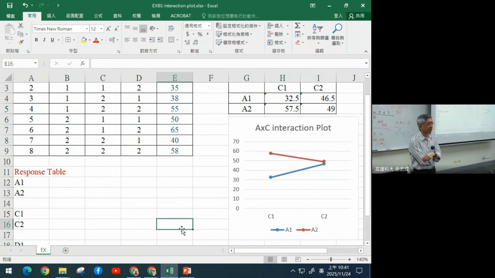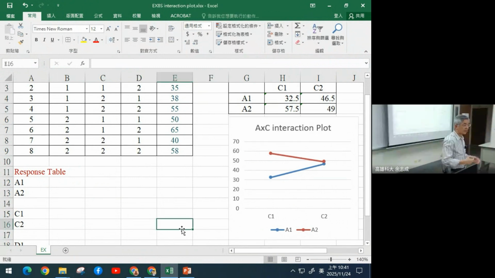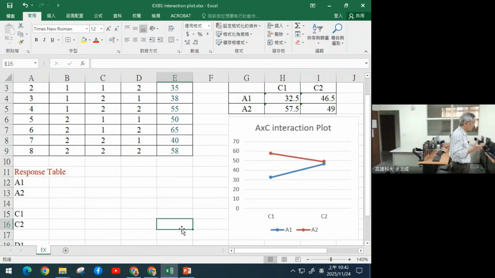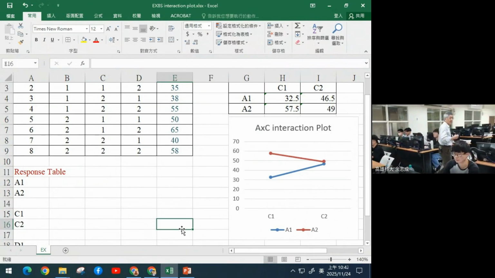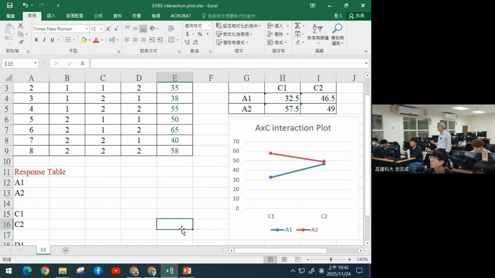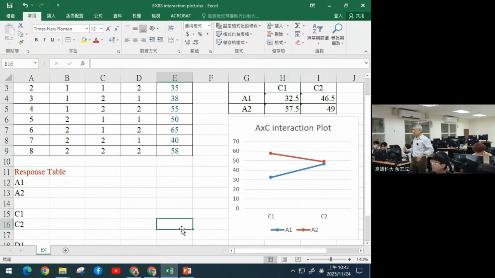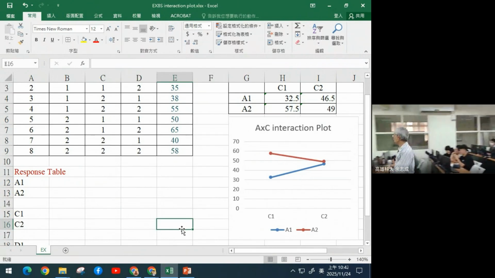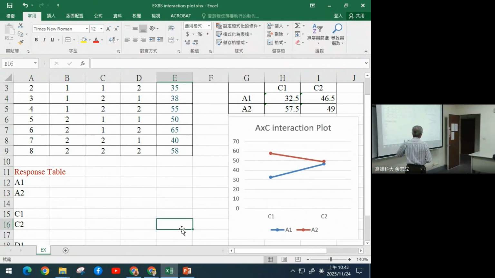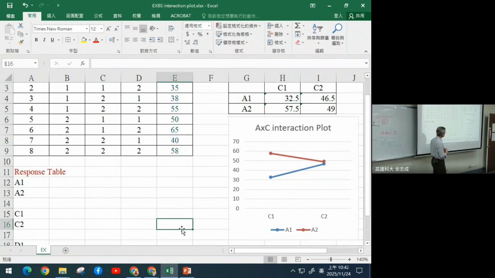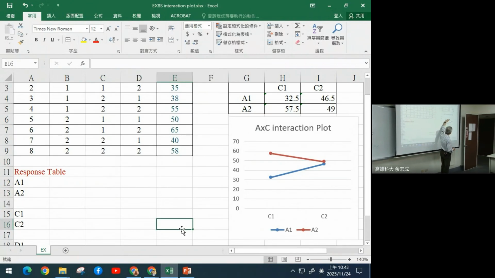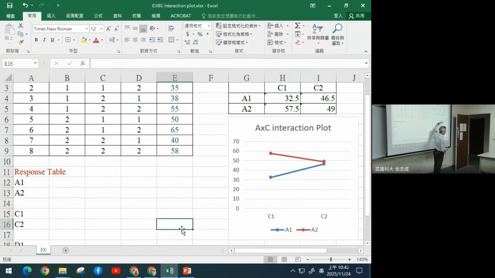Any questions? If you have any questions, please raise your hand. Very good. I think most of you have already found the interaction plot. From this interaction plot, we can understand whether there is an interaction or not. Later on in the PPT, it will show you that if these two lines are parallel to each other, then there will be no interaction.